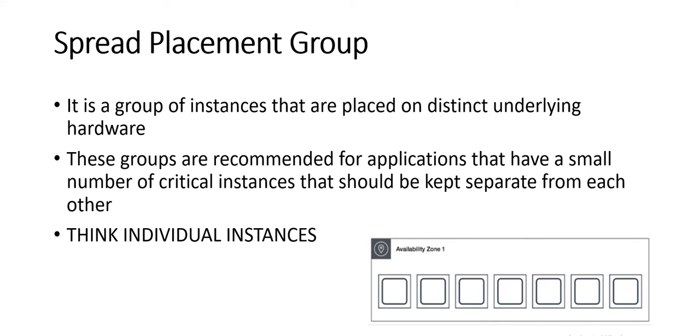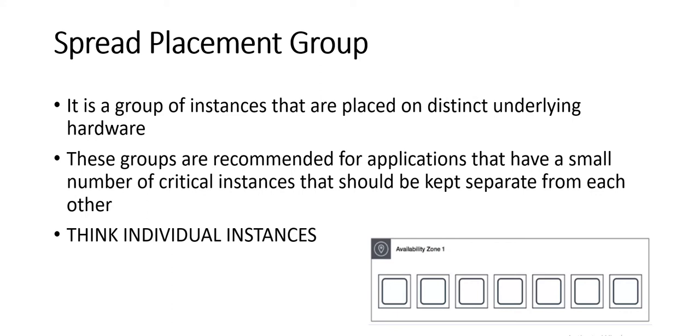These groups are recommended for applications that have a small number of critical instances that should be kept separate from each other. So if one rack fails, it will fail only one EC2 instance. It is designed to protect your instances from hardware failure. This was launched, or reinvented, in 2017. So these can be under multiple availability zones.